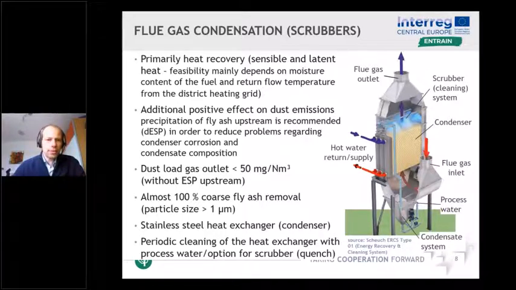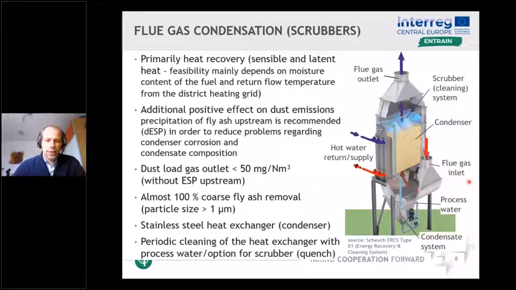It is recommended to install an ESP upstream of such a flue gas condensation unit, in order to reduce problems regarding corrosion of the heat exchanger, and also issues with the composition of the condensate that is produced.